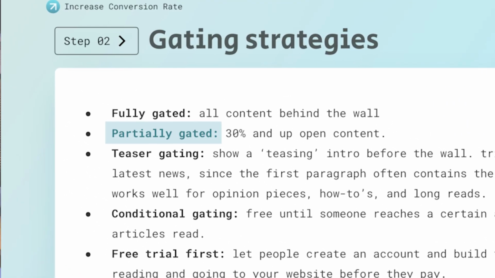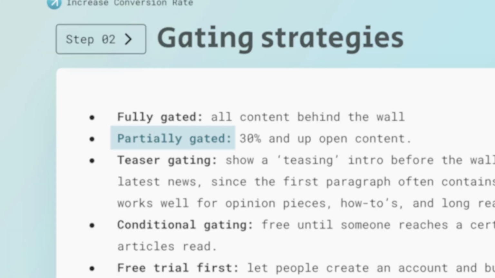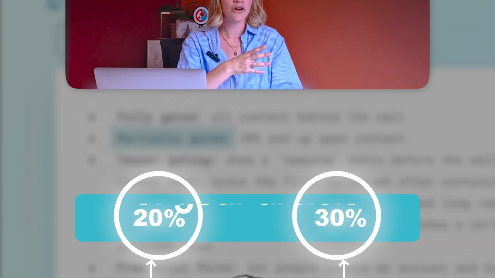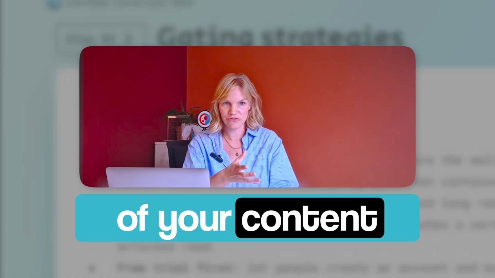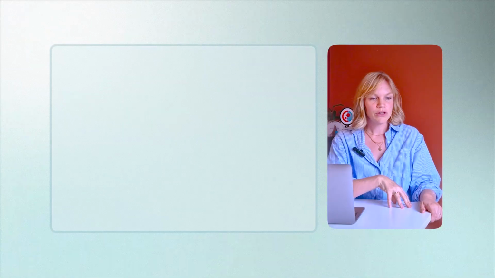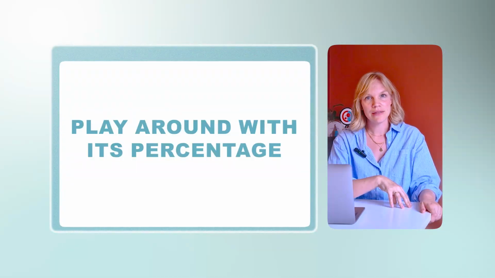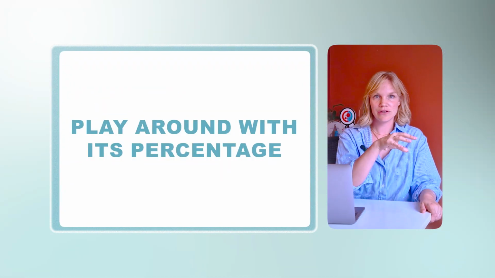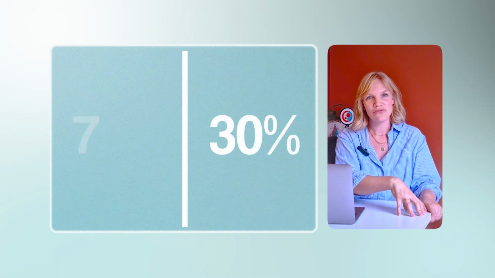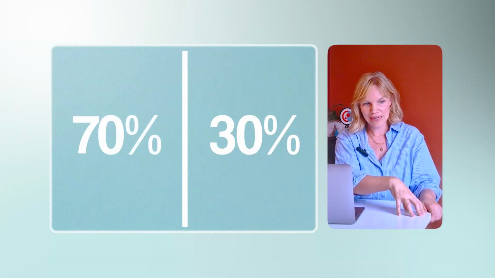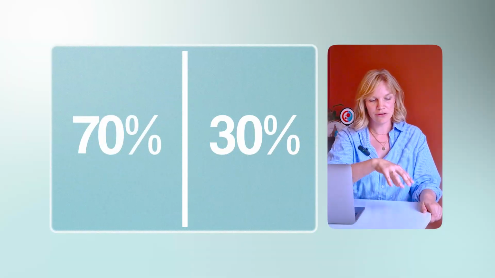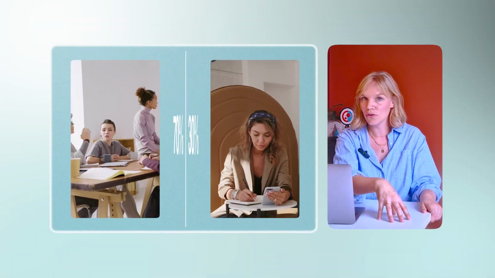Then you also have partially gated, and you can think about having 20-30% of your articles, of your content, for free. No need to sign up or subscribe or anything. Now what you want to do here is play around with this percentage. So first you want to start out maybe with 30% free articles and 70% gated, and you might want to increase that over time. So you want to run an experiment and see what happens when you go to 50%.